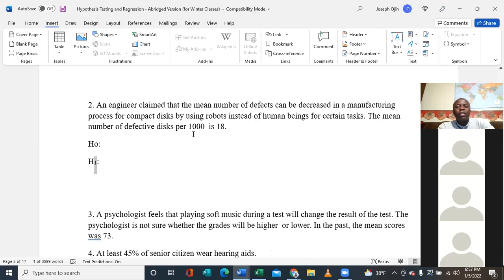I say that he claims that the mean number of defects can be decreased. That means decrease, and you can only use decrease here in an alternative hypothesis. So that means the mean is less than 18. And that is his claim.